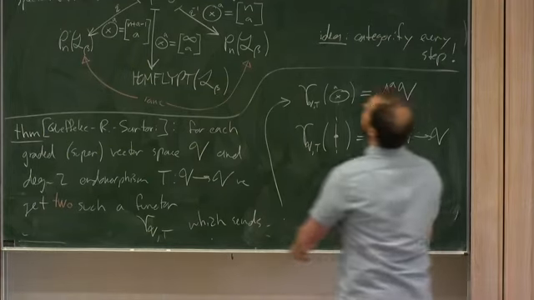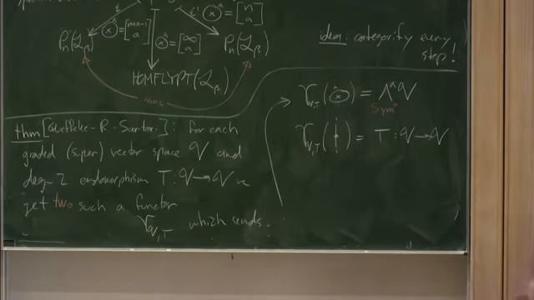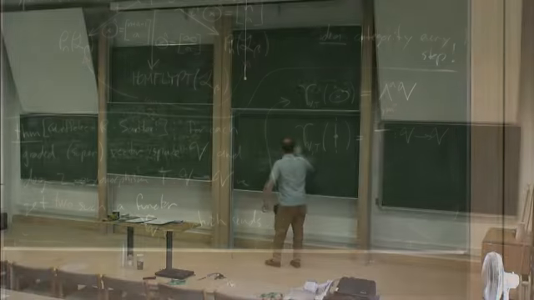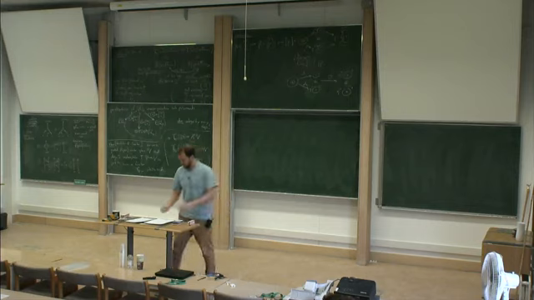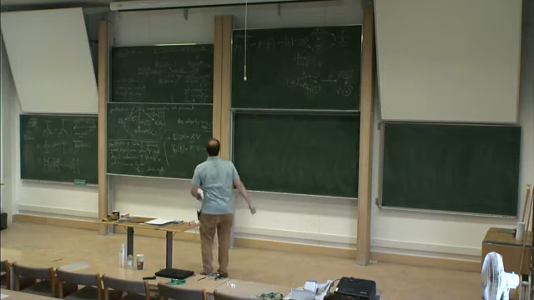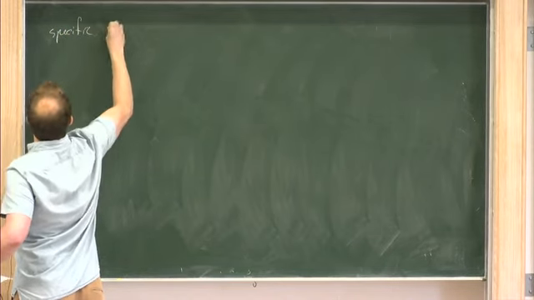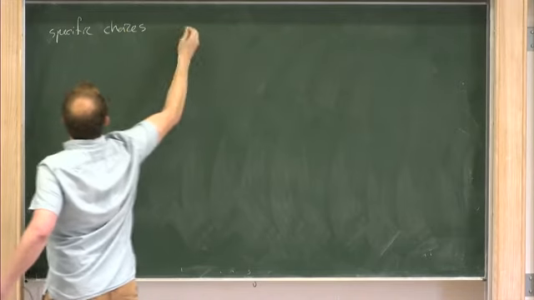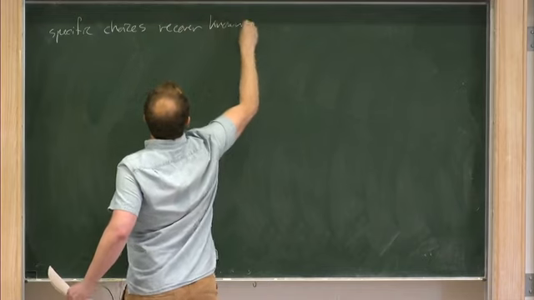Yeah, let's go here. Sorry. Okay, so in the last couple minutes, let me tell you what certain choices recover. So maybe continuing on this theorem for the moment. So specific choices recover known theories.